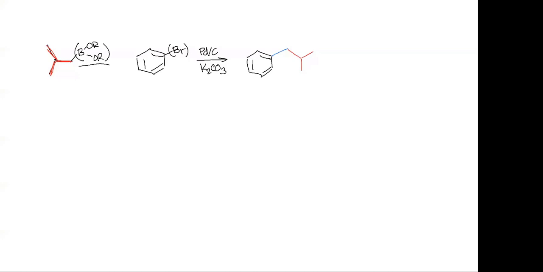And so one of the transformations that we have to be able to do is to add an OR group to the benzene ring. So the way that we're going to do that is, first of all, we need to get the OH group on the ring, and then we can go from there with the Williamson ether synthesis.